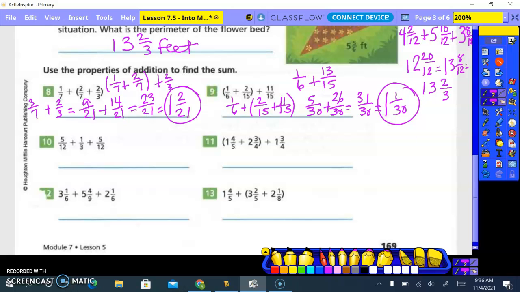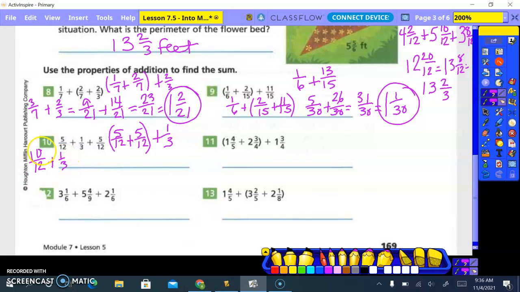Okay, next one. Do I need to use commutative property, associative property, or both? Both, right? So 5/12 plus 5/12 plus 1/3. Now what do I do? Parentheses around the 5/12s, right? One in front and one at the end. So 5/12 plus 5/12 is 10/12 plus 1/3.